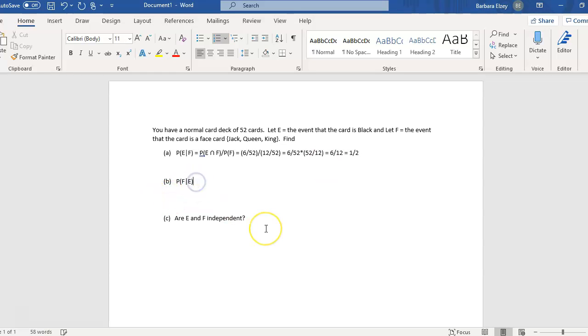Now, let's go to B. Again, let's use the formula because it's not necessarily intuitive.